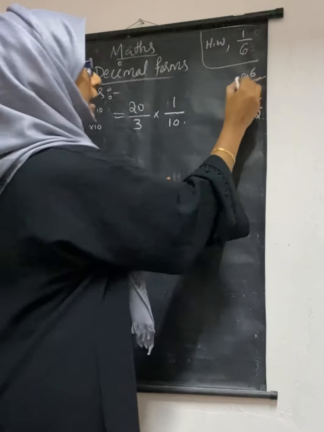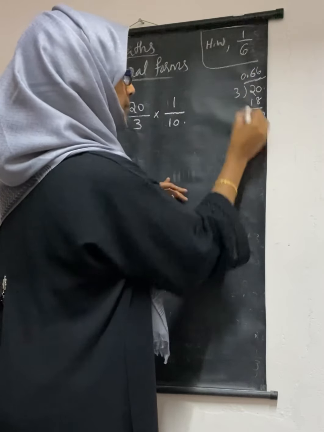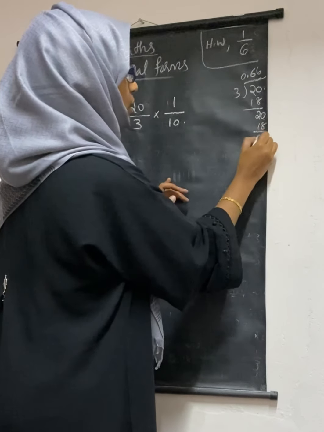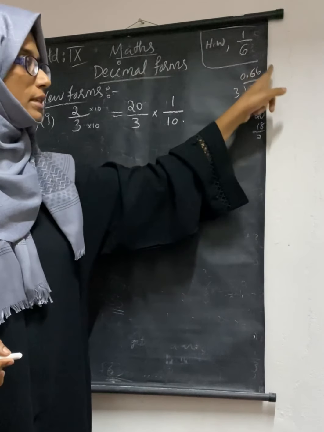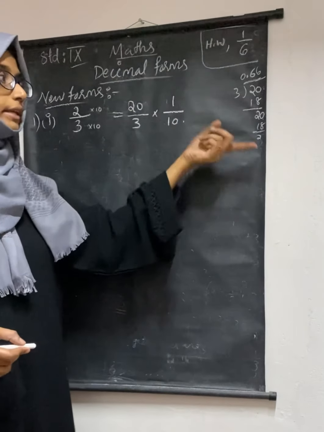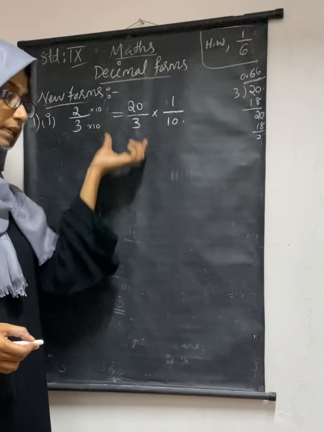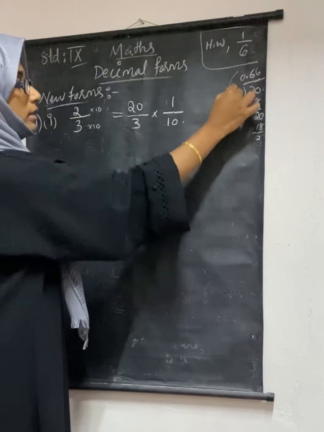We cannot divide, so put a 0. Again 6, 3 sixes are 18, again remainder 2. It is going on like that. So you understood the answer is 0.66666, and it goes on. You should not write that answer here because we need this method. Keep this in mind.